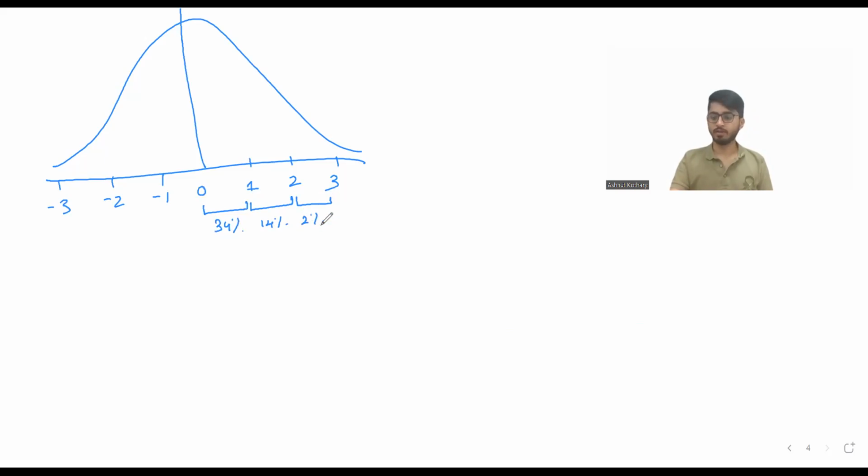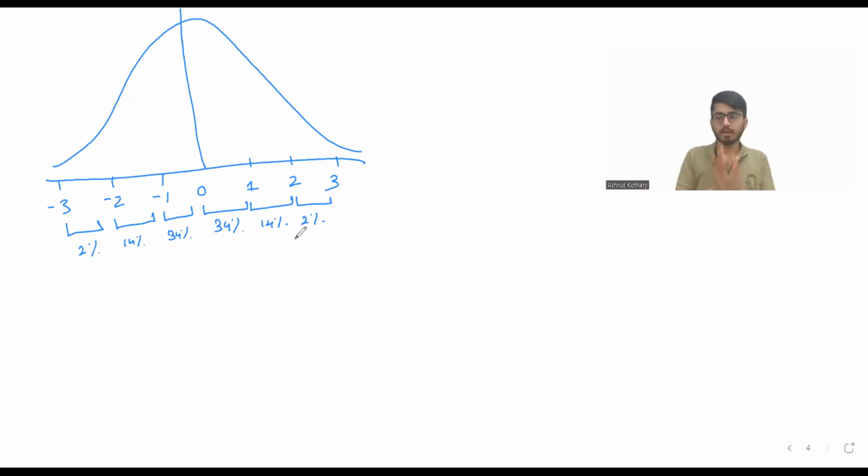Again, I'm saying approximate. You might see these add up to give us nothing but 50%. Similarly, from minus 1 to 0, it's 34%. This is 14%. And this is 2%. So you might think all 100% is coming between minus 3 to 3 only. That is not the case. That is why I'm saying these are approximate values.